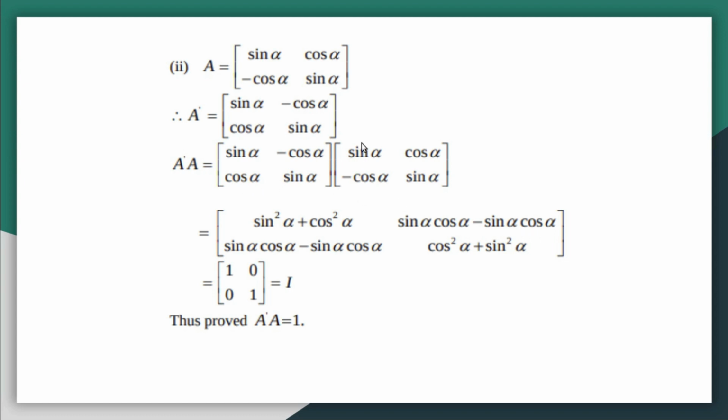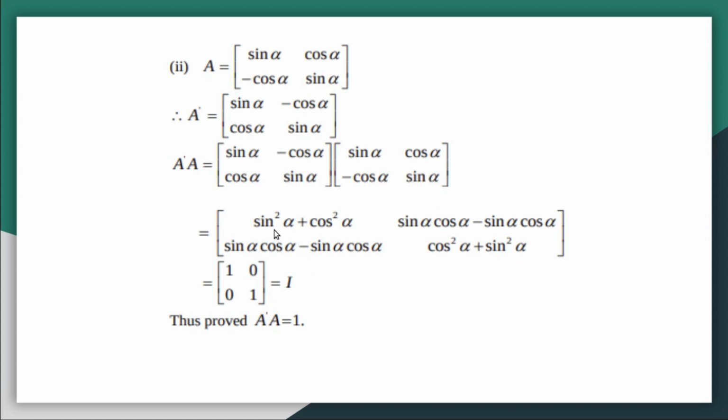Now second row into first column: cos alpha sin alpha plus sin alpha into minus cos alpha, that is minus sin alpha cos alpha. Now second row into second column: cos alpha into cos alpha is cos square alpha plus sin alpha into sin alpha is sin square alpha.